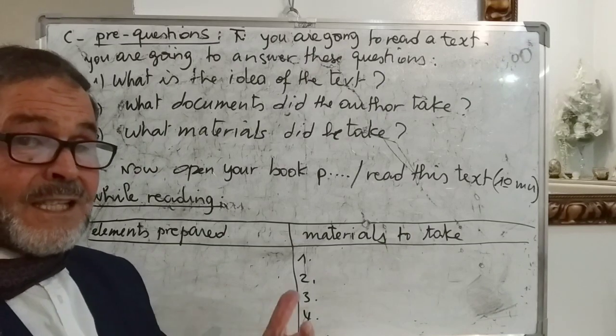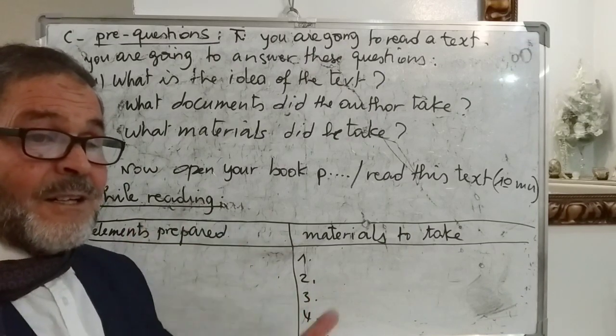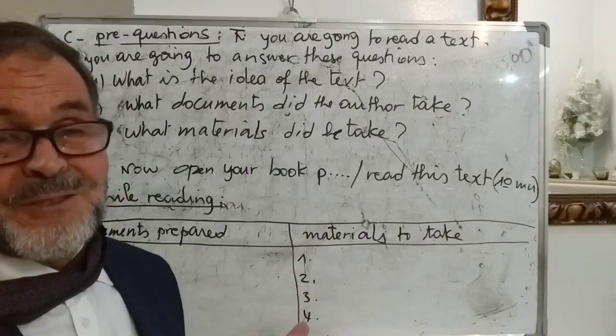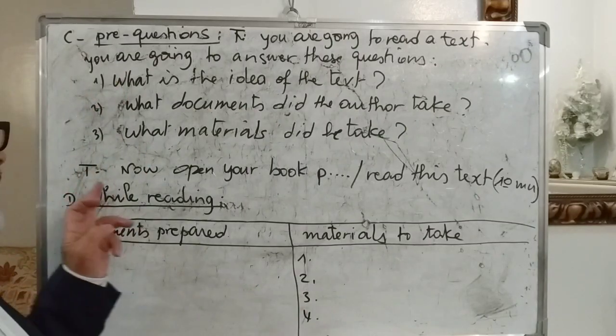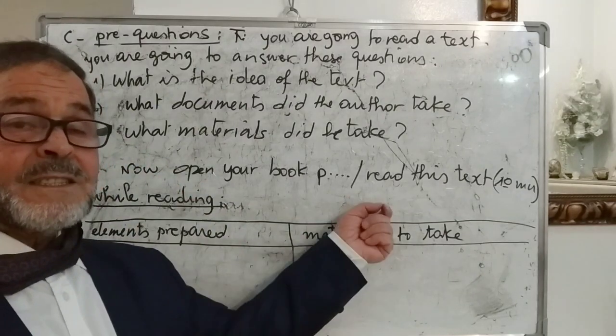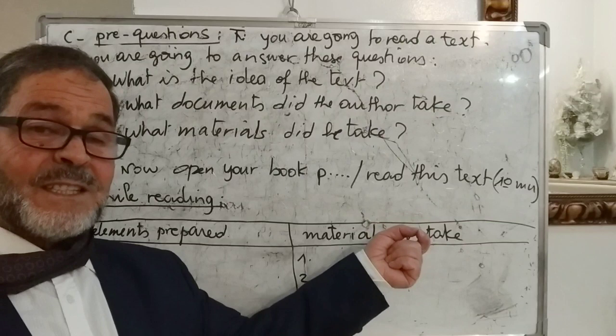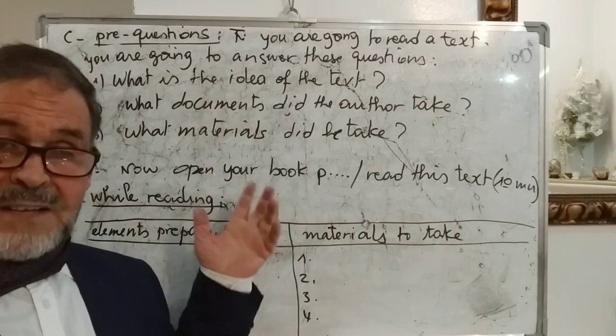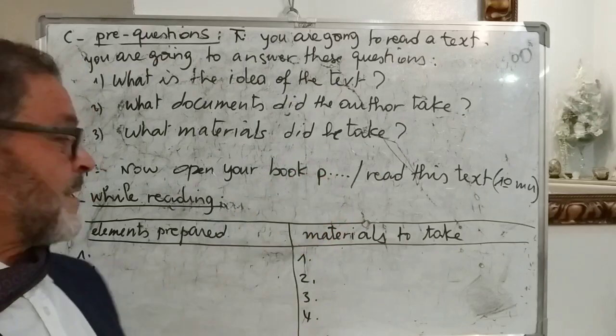So they now know why to read and what to focus on. Teacher: Now open your book, page so and so, or read this text. We give the text, and you give 10 minutes for reading, or 5 minutes. It depends on the text we have.